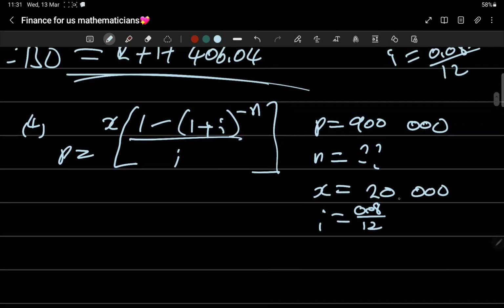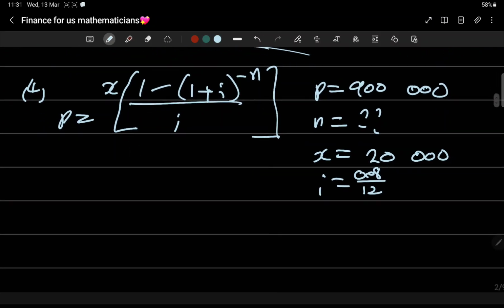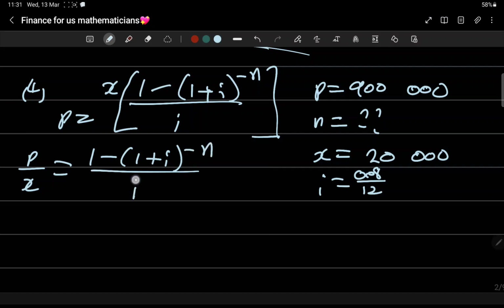So divide both sides by X: P over X equals 1 minus (1 plus I) to the negative n, over I.